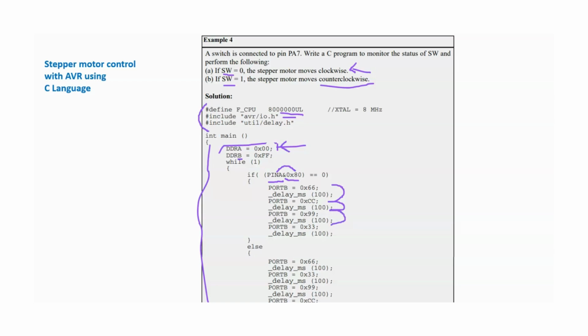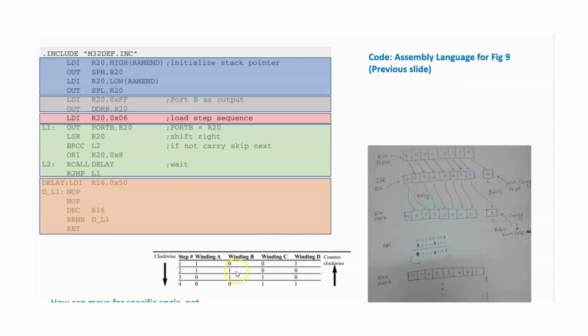Checking the sequence, after 66 and CC, we are applying it in this direction, which is upward, so the counterclockwise direction is used in the first if statement.